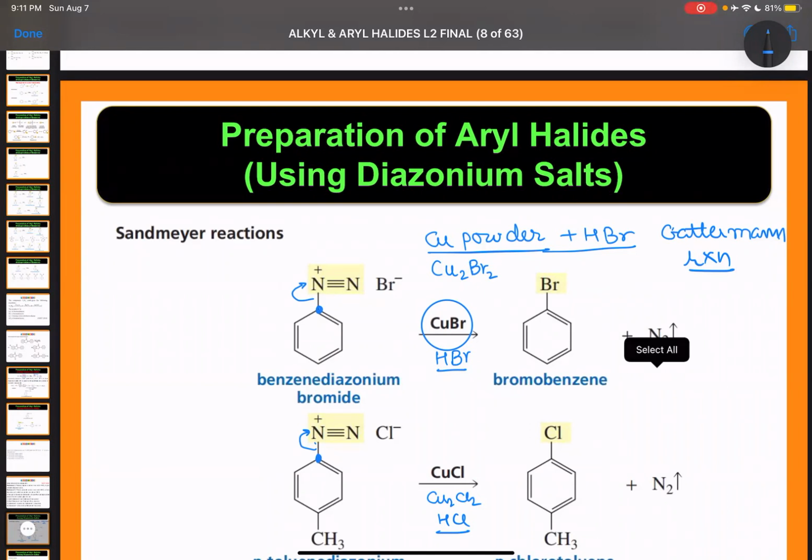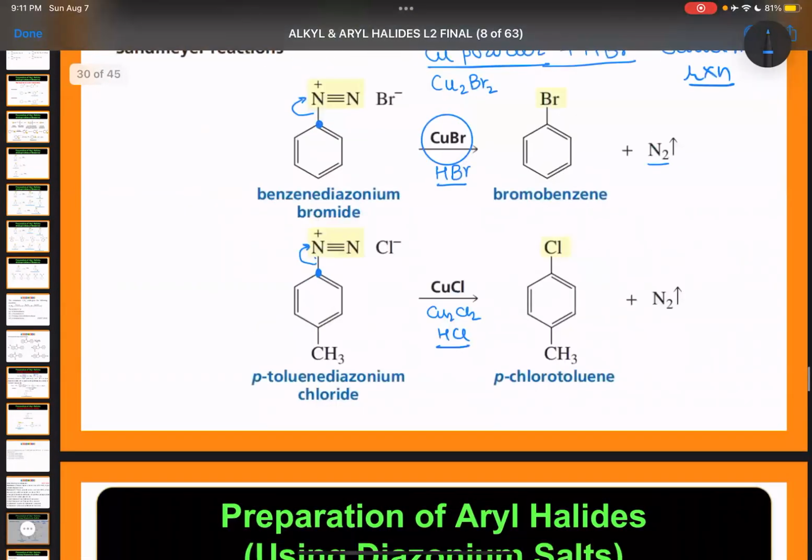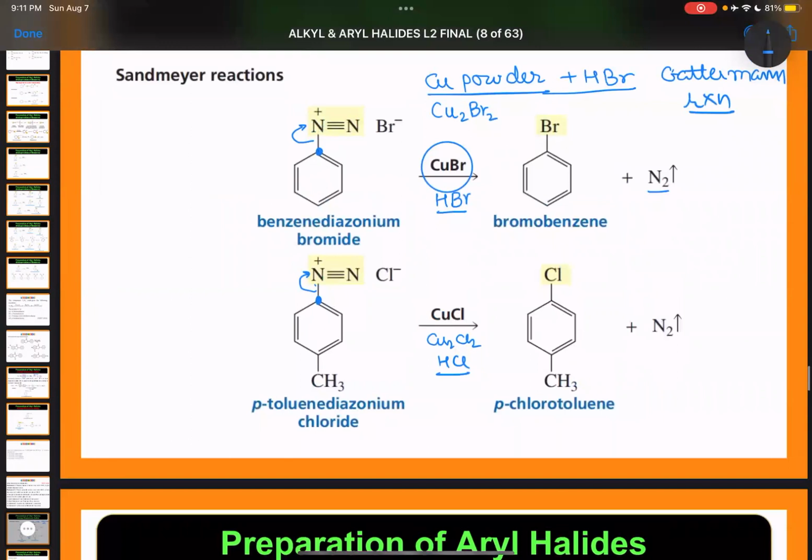Another thing is, if copper powder is taken, then it is Gattermann. This is applicable only for Cl and Br. Clear? But this is actually an extra method. Why is it an extra method?